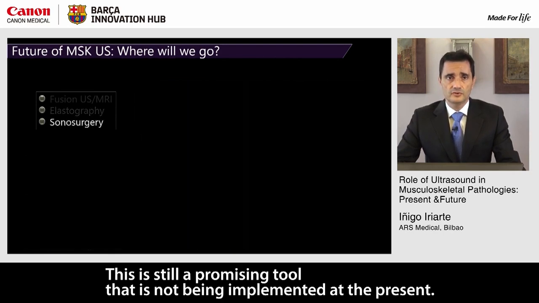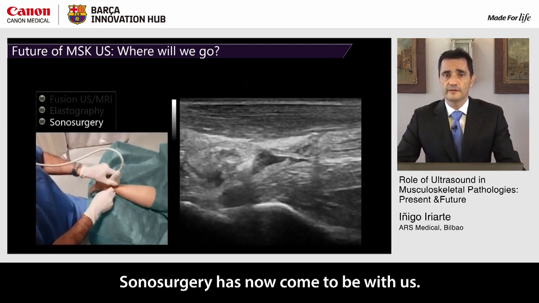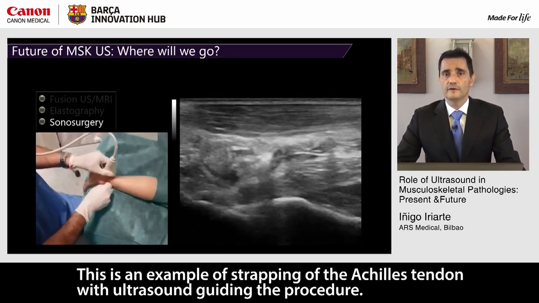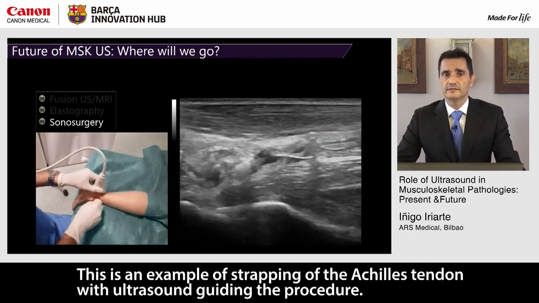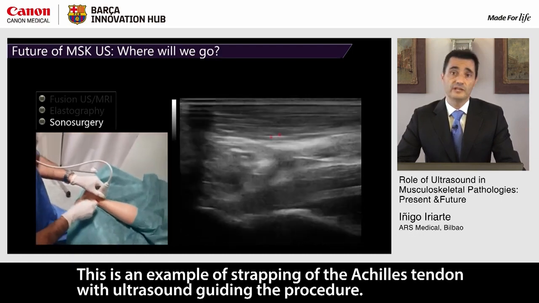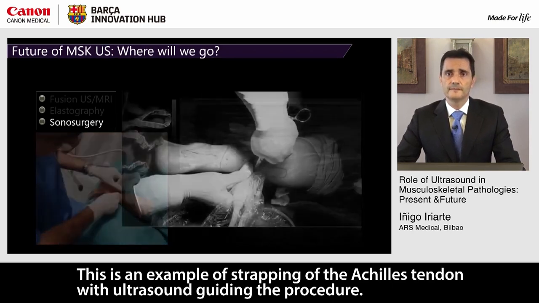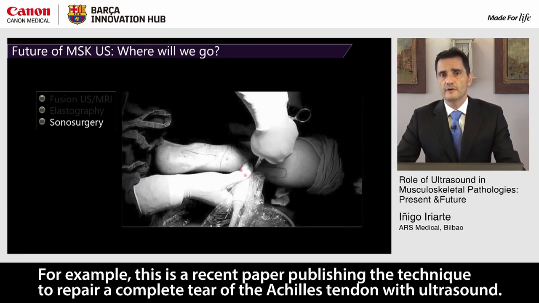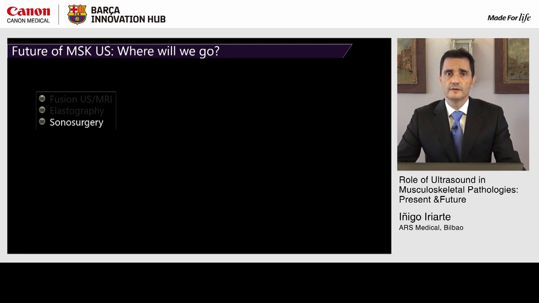Okay, so the surgery has come to be with us. This is an example of strapping of the Achilles tendon with the ultrasound guiding the procedure. Other techniques can be performed guided by ultrasound. For example, this is a recent paper publishing the technique to repair a complete tear of the Achilles tendon with ultrasound.